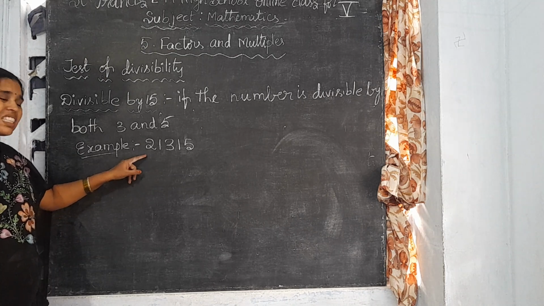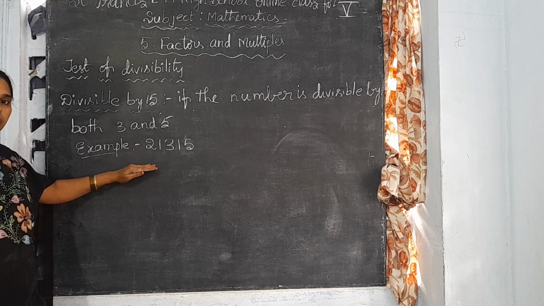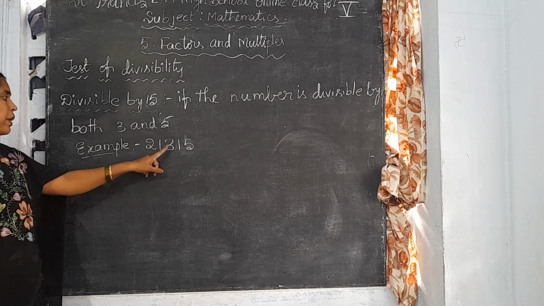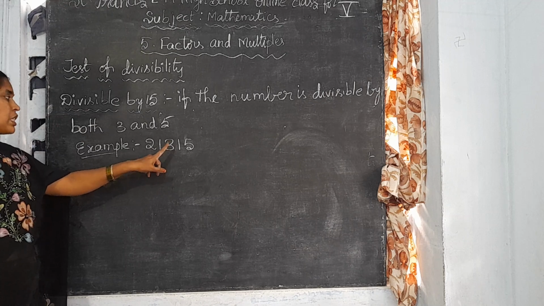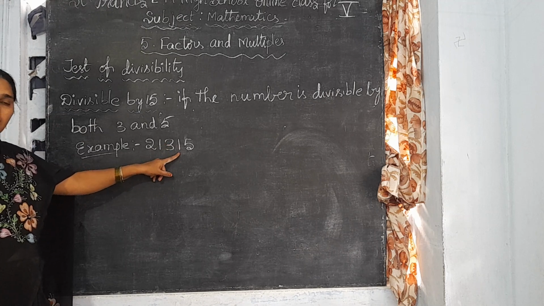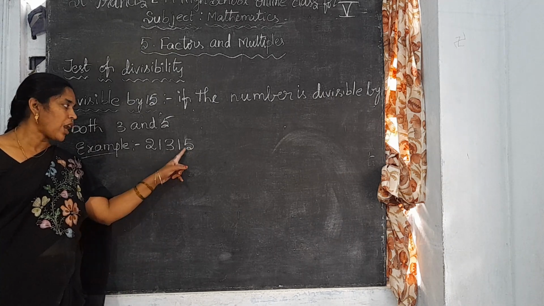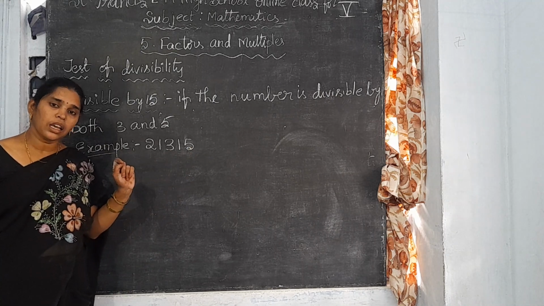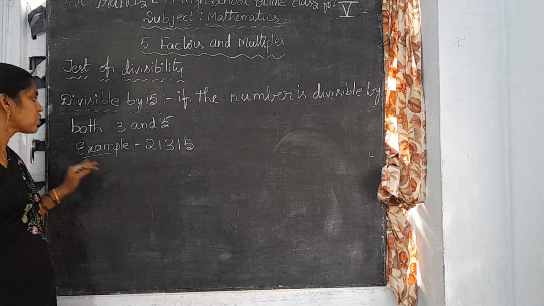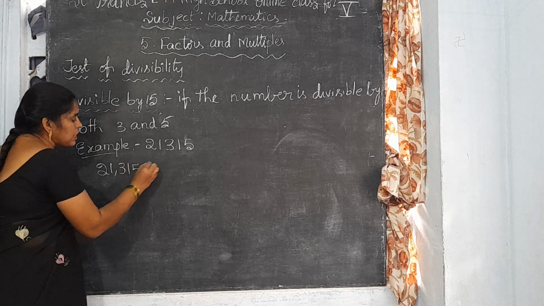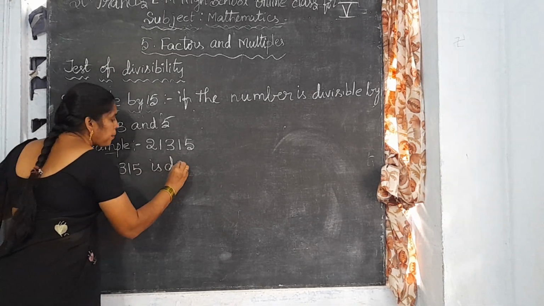You have to add the sum of the digits in the number. 2 plus 1 is 3, 3 plus 3 is 6, 6 plus 1 is 7, 7 plus 5 is 12. Is 12 divisible by 3? Yes. So 21,315 is divisible by 3.